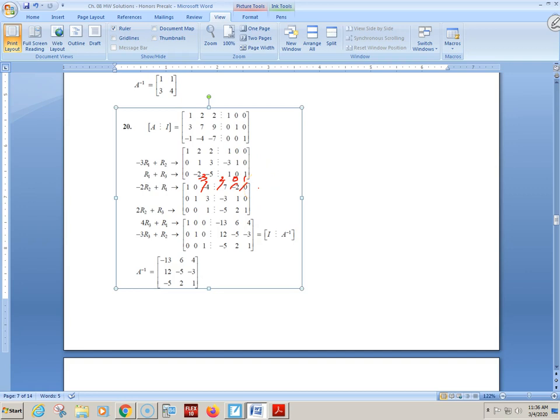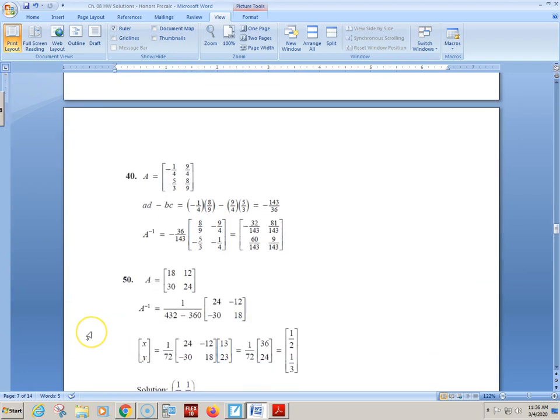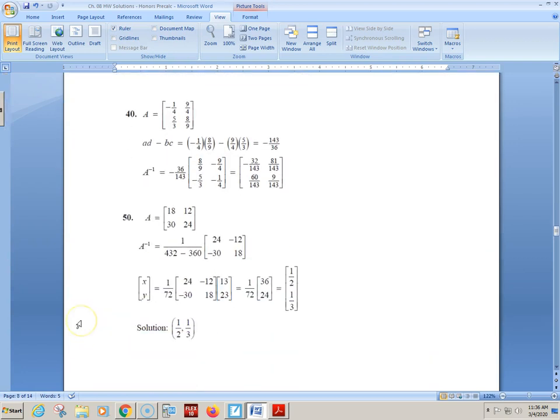And then what was the other one you wanted to ask? 40. 40 was confusing. 40 is messy, but just remember with your fractions, you're multiplying across. So when they go to multiply, you can just set them up. You have a common denominator? No, you don't. That would be 12, that would be 36.